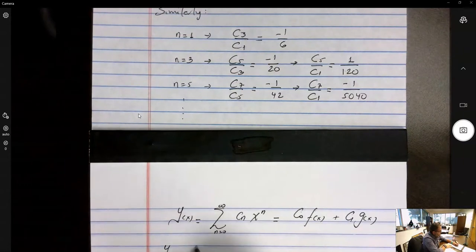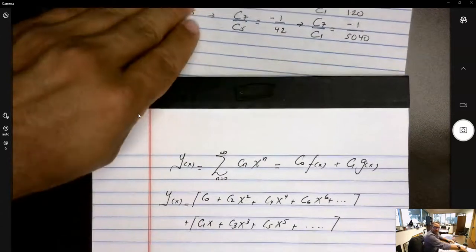So one looks like C0, plus C2 times x to the 2, plus C4 times x to the 4, plus C6 times x to the 6, and so on and so forth. And the other looks like C1 times x plus C3 times x cubed plus C5 times x to the 5, plus so on and so forth.